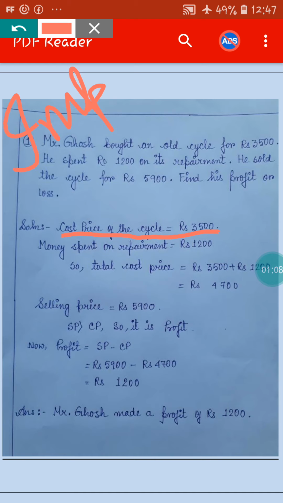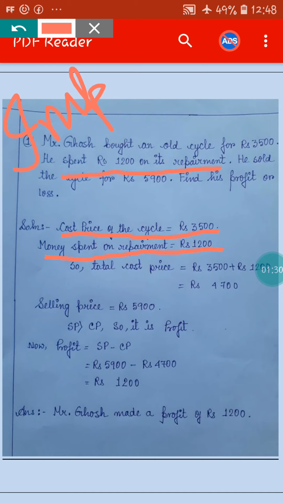But there is something else given. He spent rupees 1,200 on its repairment. As the condition of the cycle was very bad, Mr. Ghosh has done some repairment on the cycle. So, money spent on the repairment equals to 1,200.